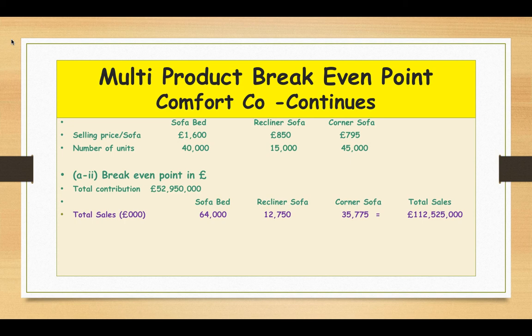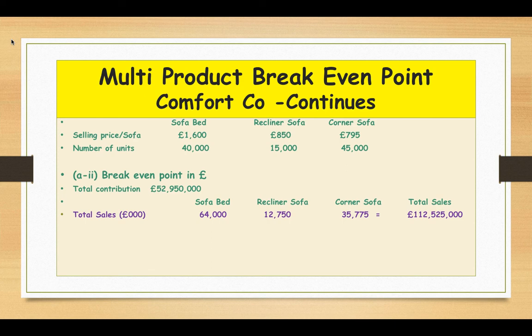Now we are going to calculate the total sales. If you take the individual products, the sofa bed, number of units 40,000, times it by the selling price per unit £1,600, so it is 64 million. The recliner sofa total sales, which is 15,000 units, times it by £850 per sofa, we will get 12,750,000.